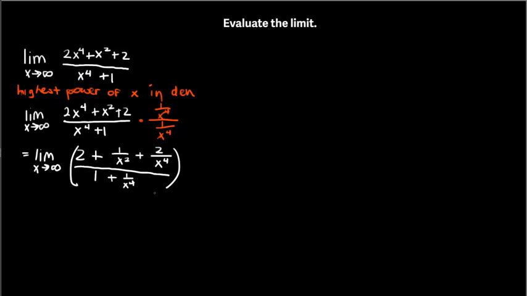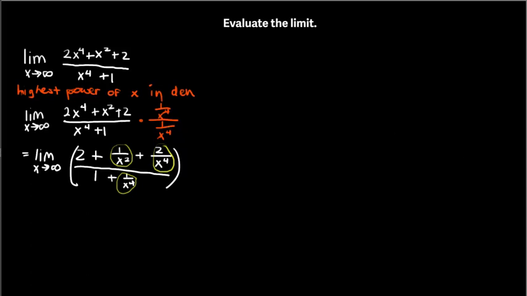One thing you should always remember is that whenever there's a limit that approaches infinity and there are terms like 1 over x squared, or 2 over x to the power 4, or 1 over x to the power 4, basically any term with a constant number in the numerator and a power of x in the denominator, then when this limit is evaluated, these terms are going to become 0.